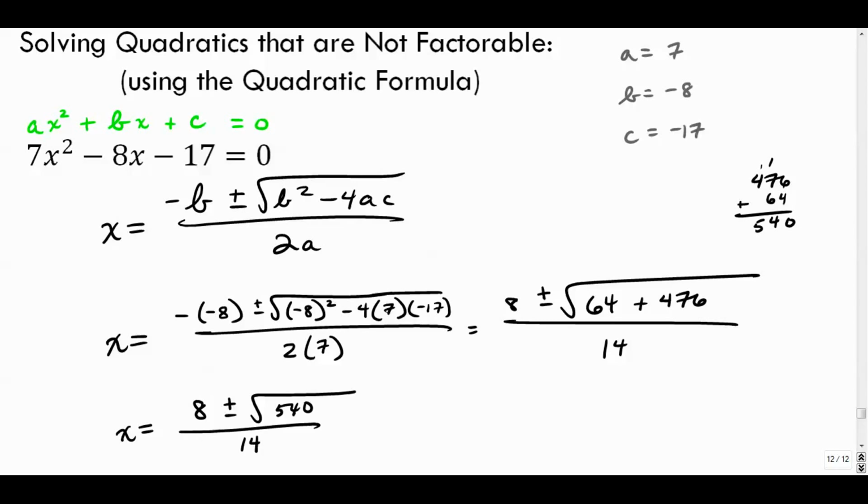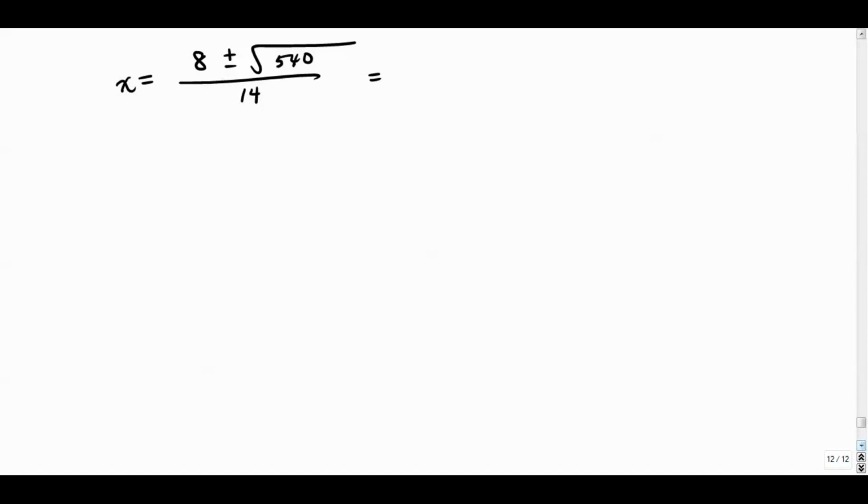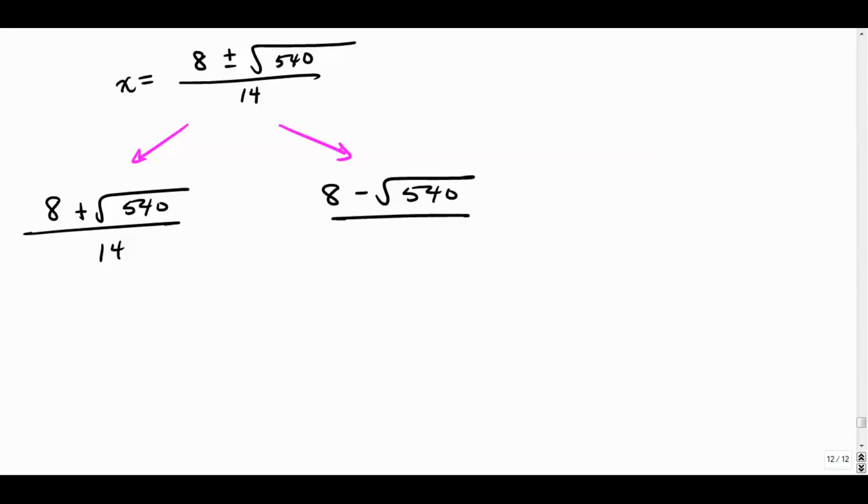Divided by 14. Okay, so we have a situation here where we want to branch out. So what I'm going to do is branch out into two solutions. One of them has a plus right here, and one of them has a minus right here.